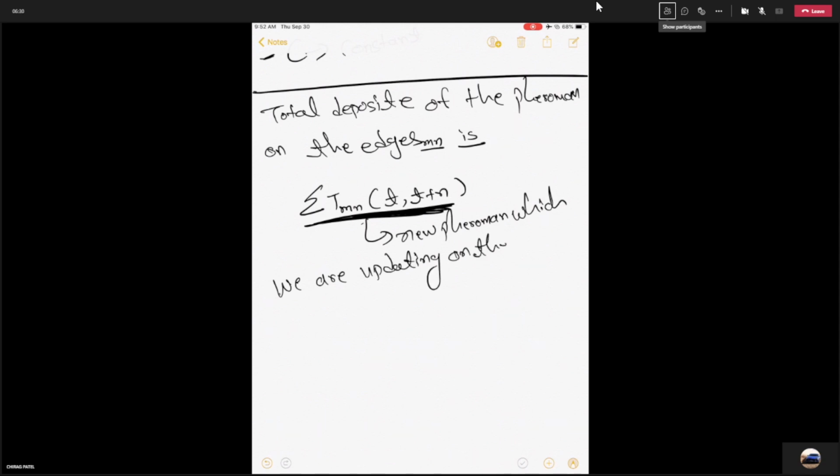on the edges. If more ants are going to travel on the same edges, we need to deposit their pheromones also. Initially, in the last session we had seen the first ant had discovered the path. After that, all the ants are going to follow that path, right? So initially, ant one had deposited a certain amount of pheromone, that is Pmn of t.